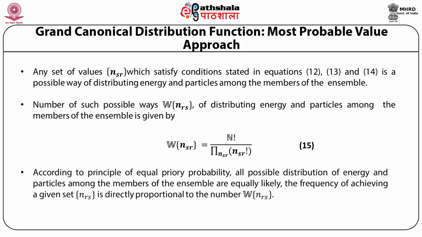According to the principle of equal a priori probability, all possible distributions of energy and particles among the members of the ensemble are equally likely. The frequency of achieving a given set n_sr is directly proportional to the number W of the set n_sr.